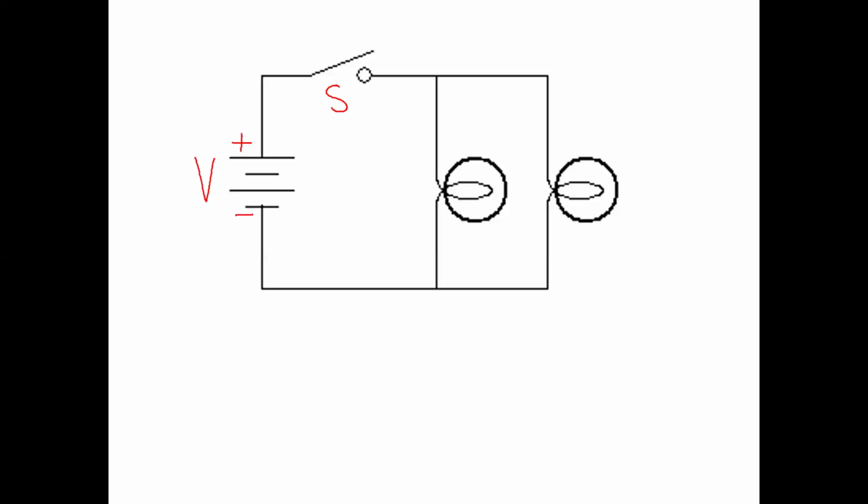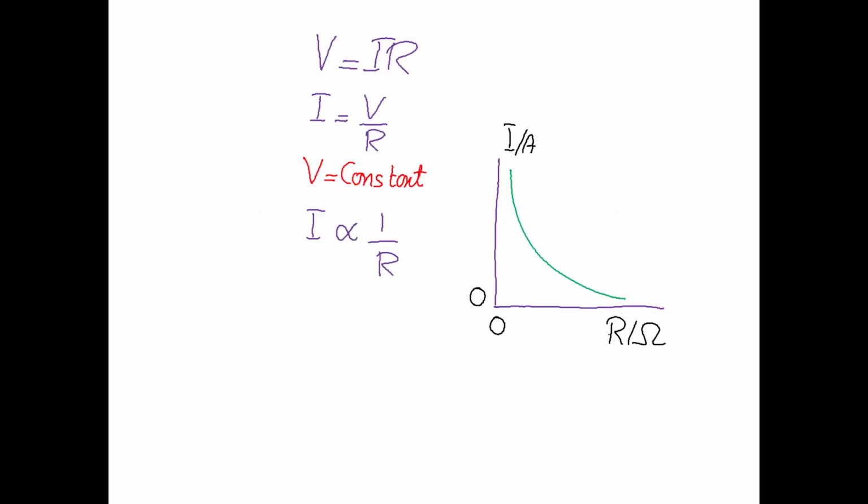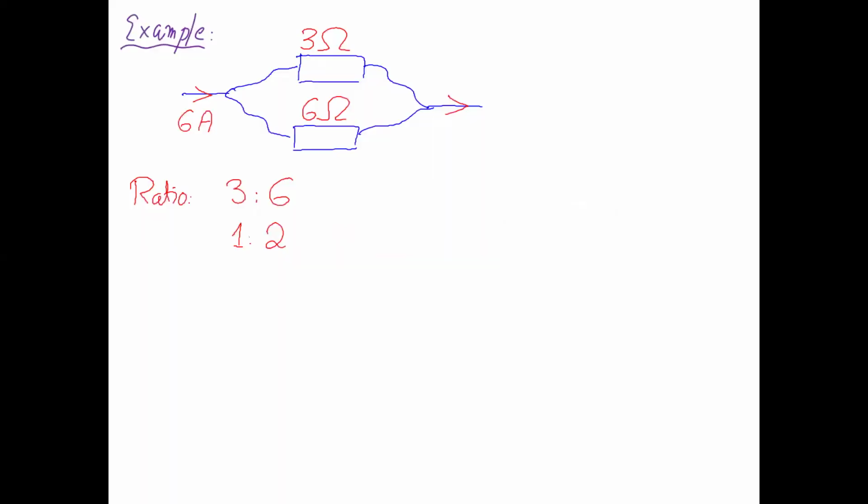This is a combination circuit. In parallel, voltage is constant, so current and resistance are inversely proportional. This is a ratio method as usual discussed. There are two resistors, 3 ohm and 6 ohm. The ratio is 1:2.